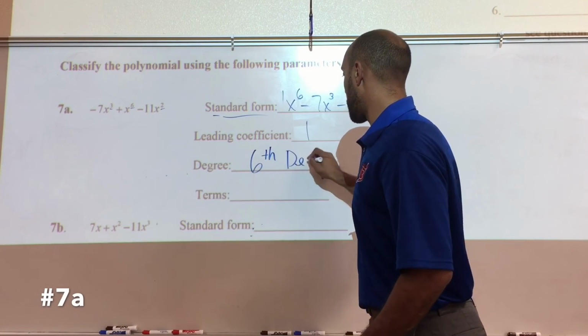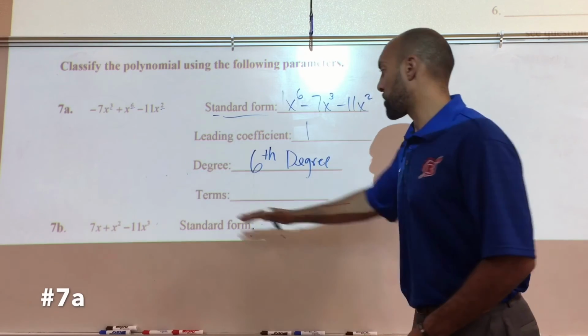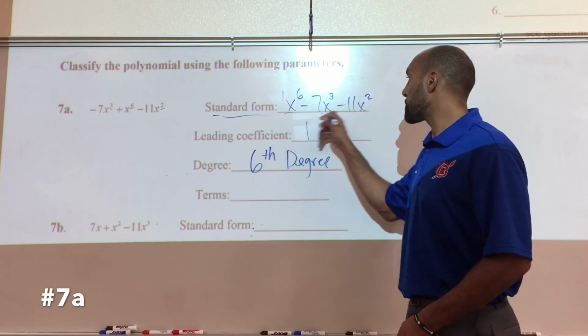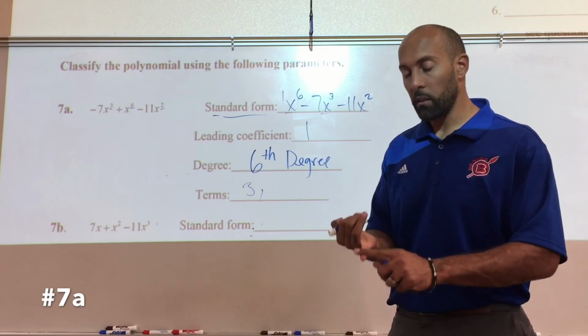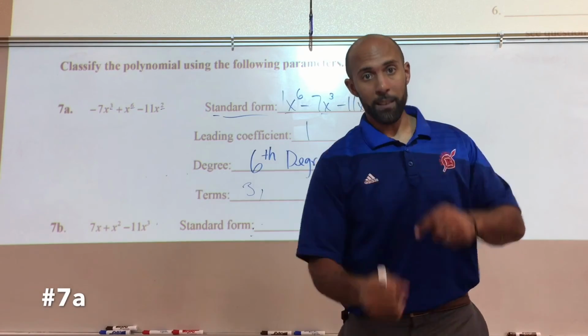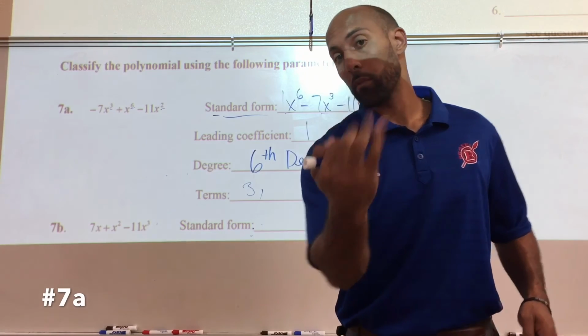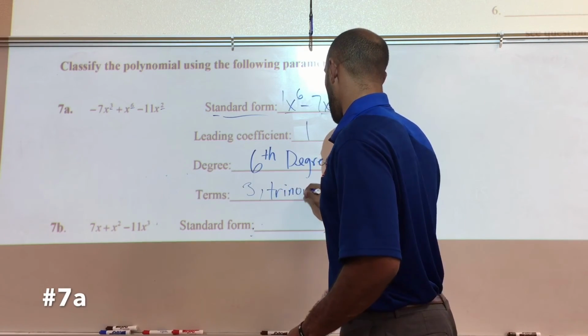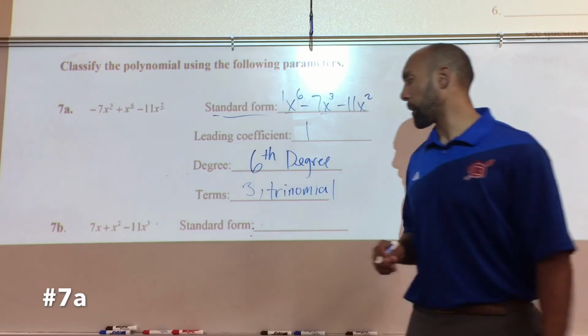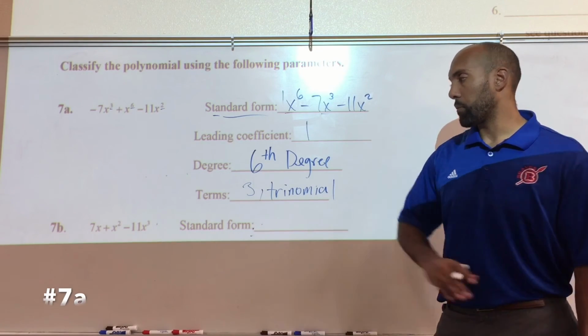So 6th degree. Okay, terms. Well, we have 1, 2, 3. 3 terms, and the name for that is not a monomial, it's not a binomial, but it's a trinomial. Okay? Mono, bi, and tri. Trinomial. Okay? And that's for the second question.